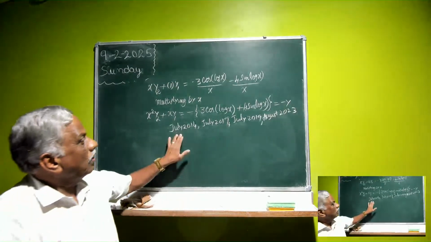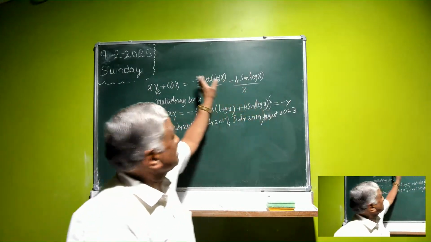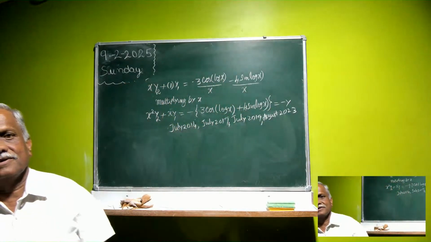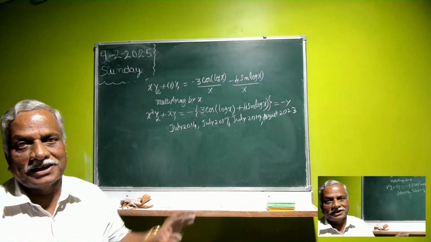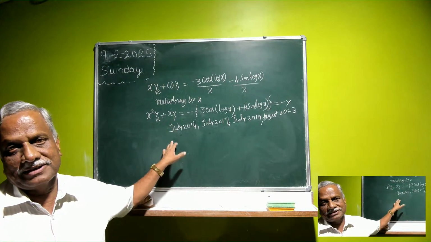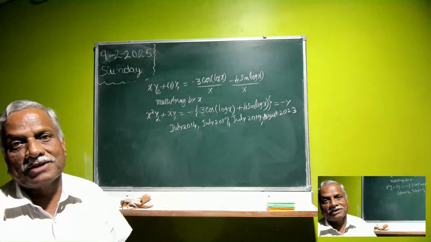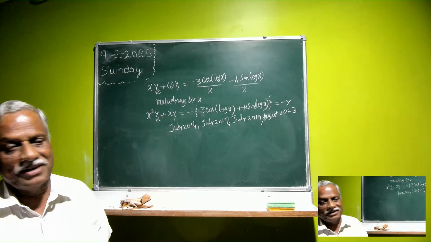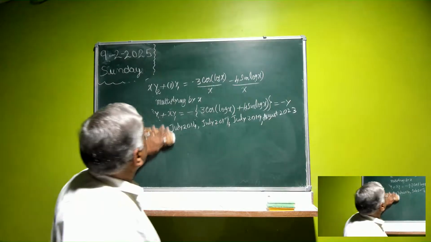So 1, 2, 3, 4 plus this, 5 years. Out of 10 years, 5 years. 10 years means 20 papers, because every year 2 papers. So out of that, 5 times they have asked this question. Not a difficult one. Go through that.